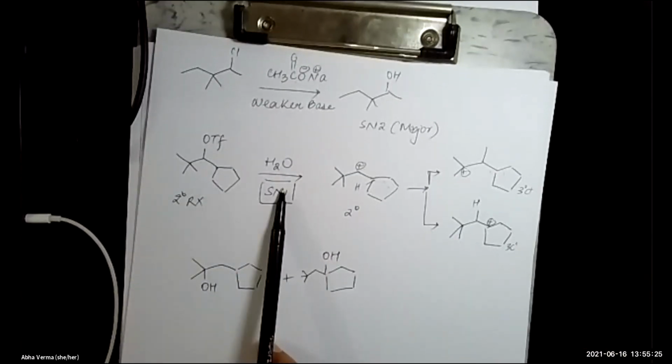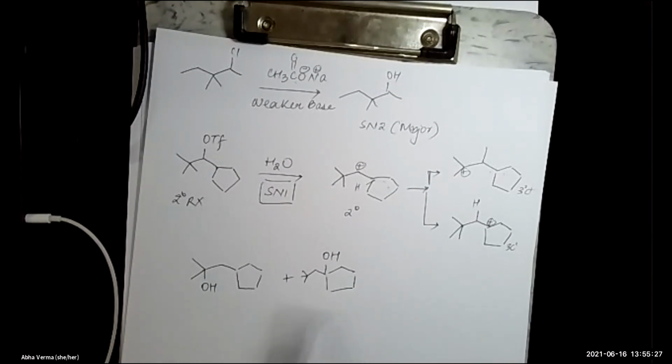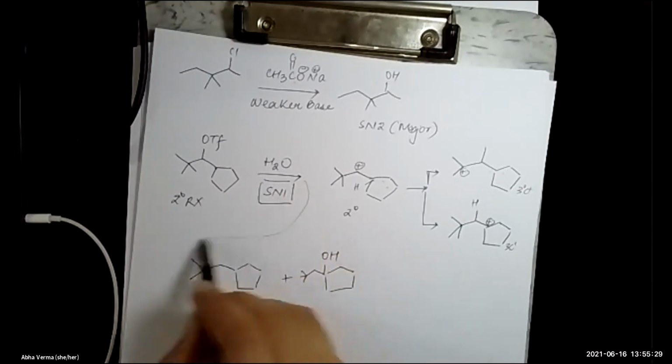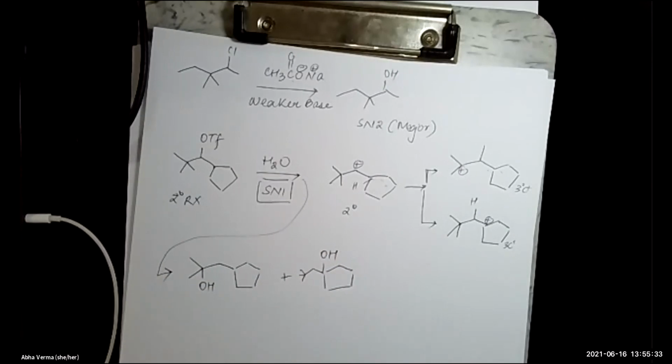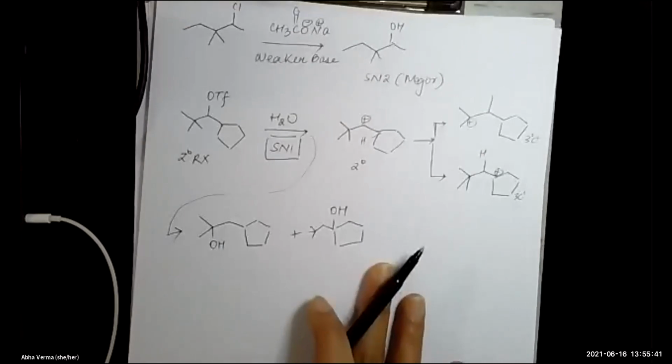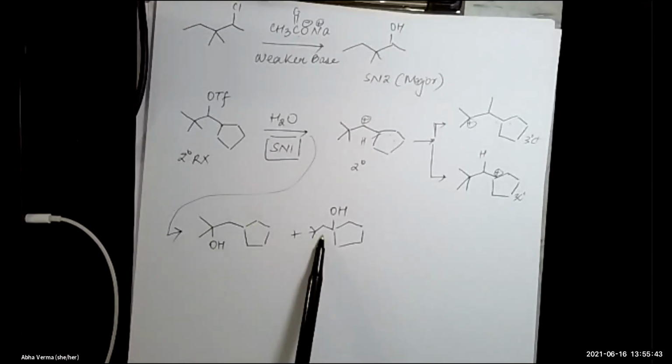So from this reaction, because of rearrangements, I can get both these products. Equal amounts probably. Maybe one of them will be more, the other will be less, but almost similar amounts. So you should also be able to figure out the types of products that are possible from a reaction.